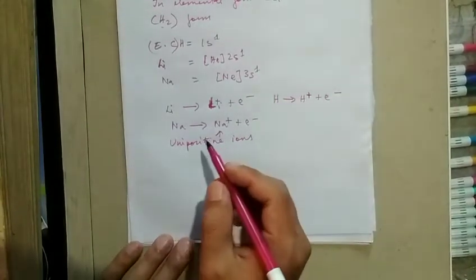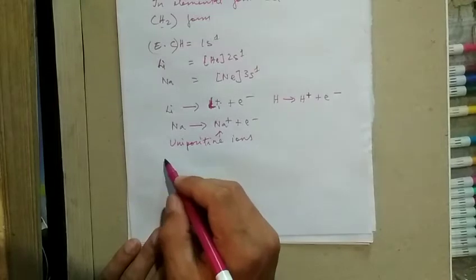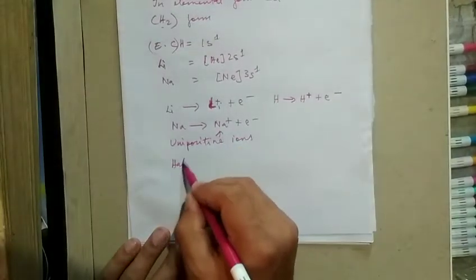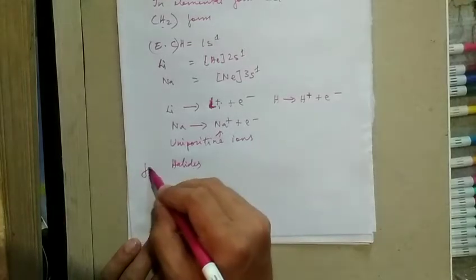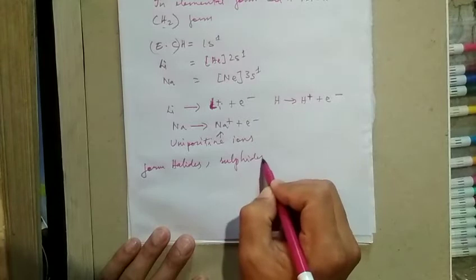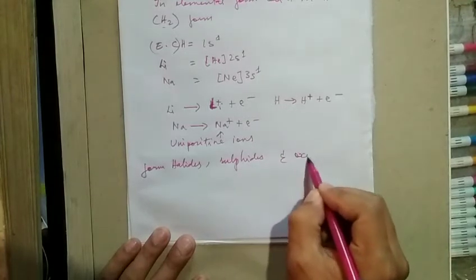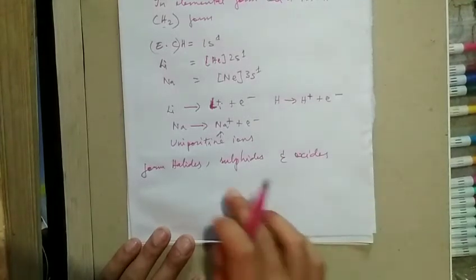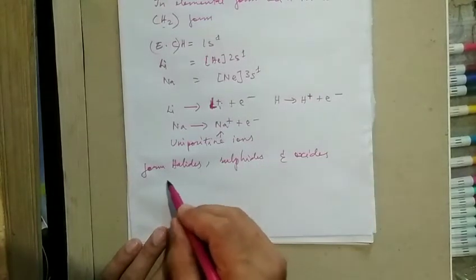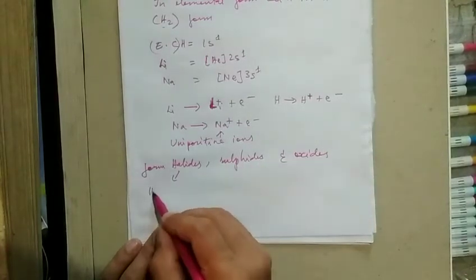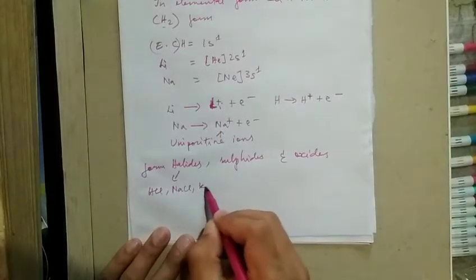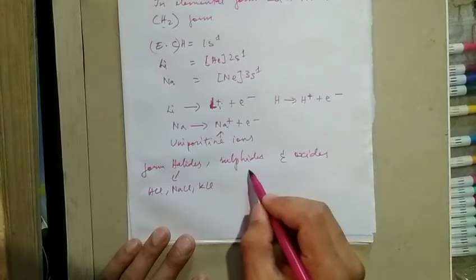Like alkali metals, hydrogen also forms halides, sulfides and oxides. For example, HCl for hydrogen, NaCl, KCl and so on.